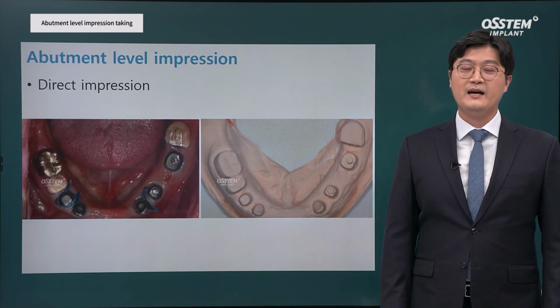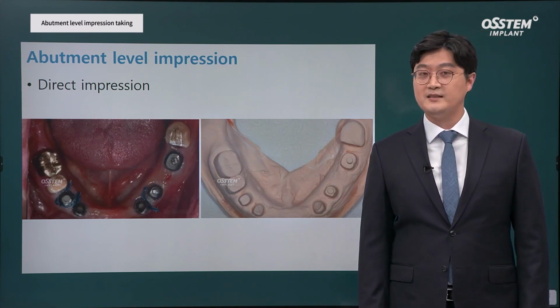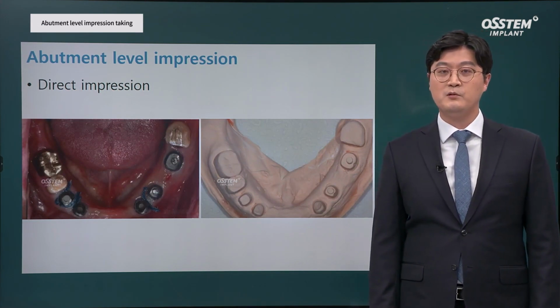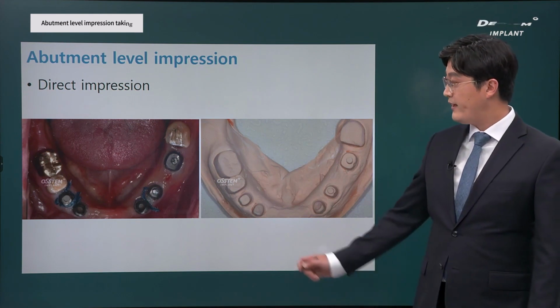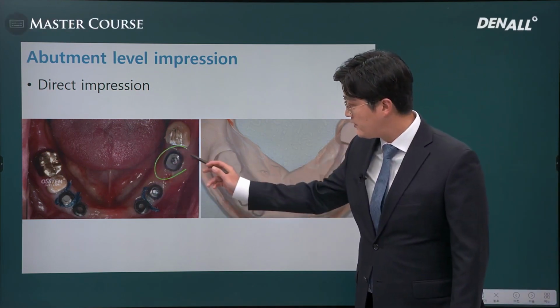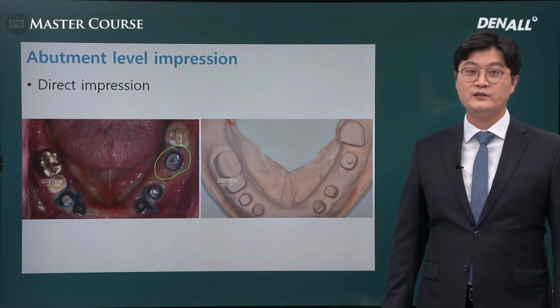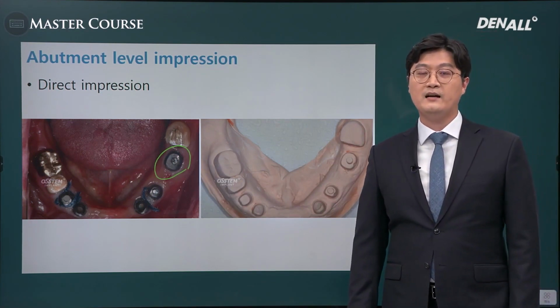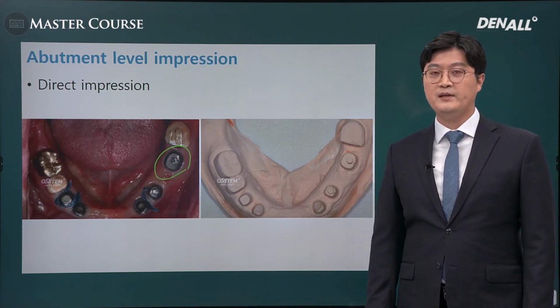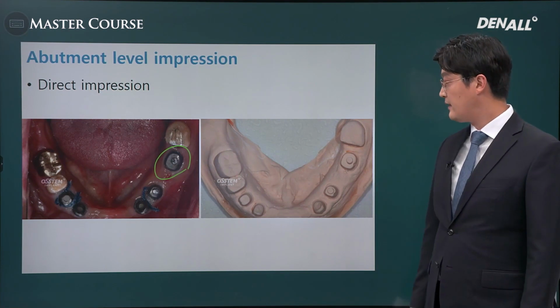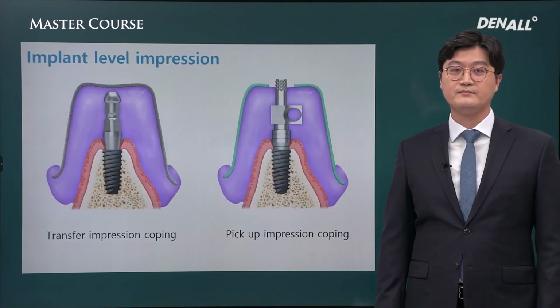A direct impression taking method. This is the same as taking an impression of a natural tooth. A stock abutment or custom abutment is connected, and the implant impression can be taken directly.